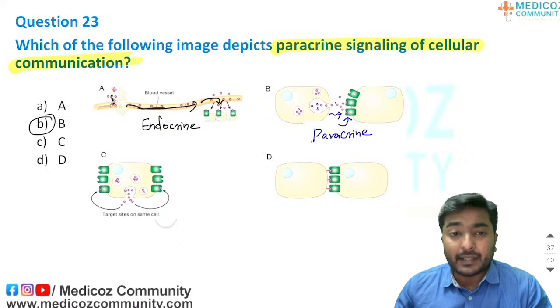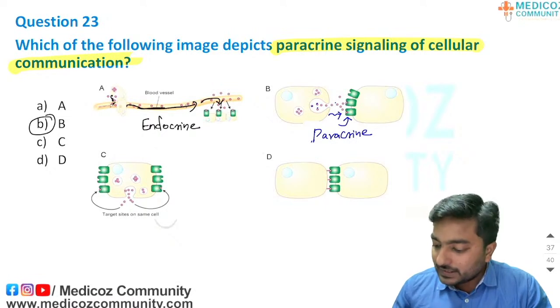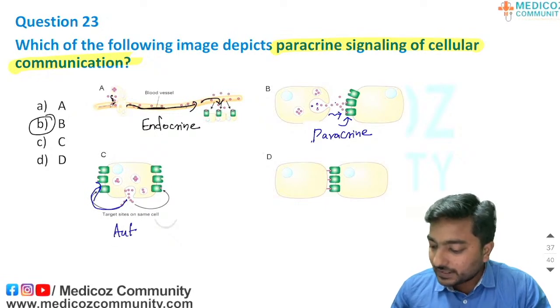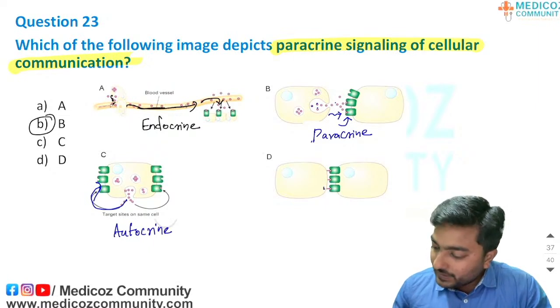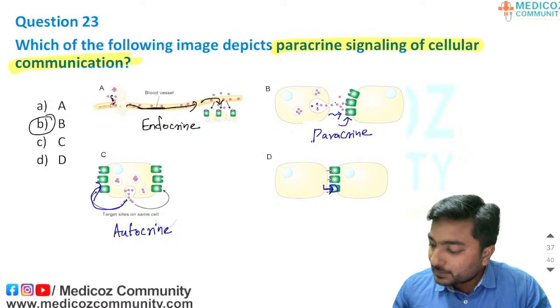What is this? The cell secretes something but it acts on itself. Very simple. The target cell is the same cell. Autocrine. And what is this? The cell has contact with the nearby cells. Even though there is some gap, the ligand and the receptor on the receiving cell are in direct communication.